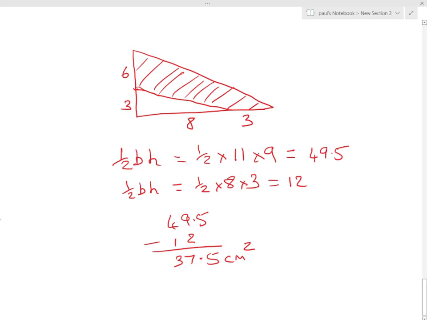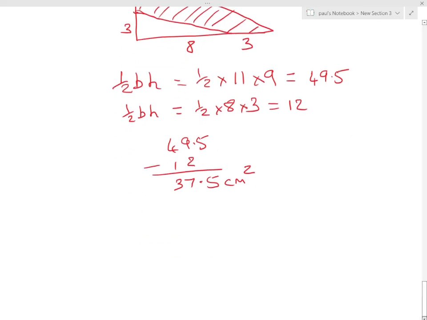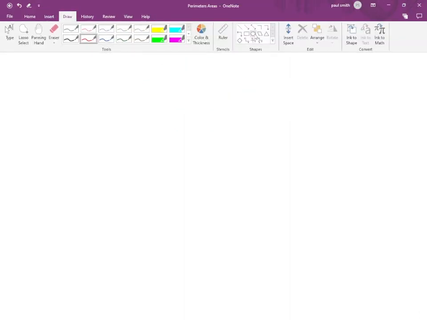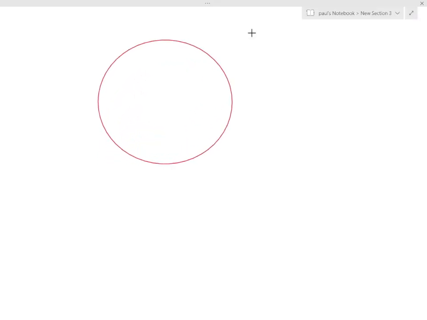Okay, so the next shape we looked at was the circle. So let's have a look at the circle. So the line all the way around the outside of a circle is called the circumference. And the line from the middle to the outside is called the radius.